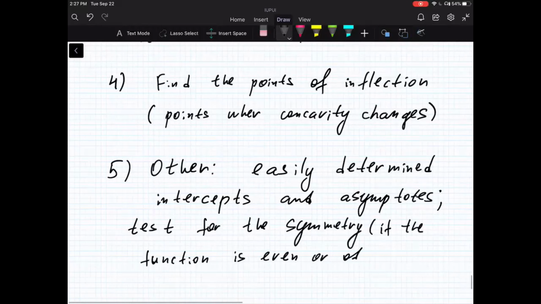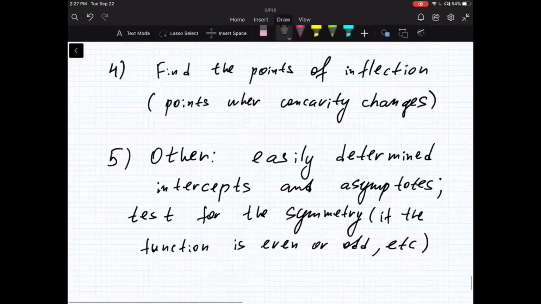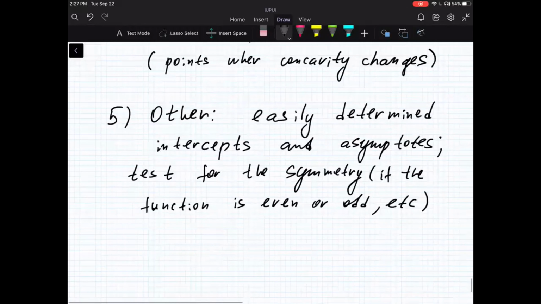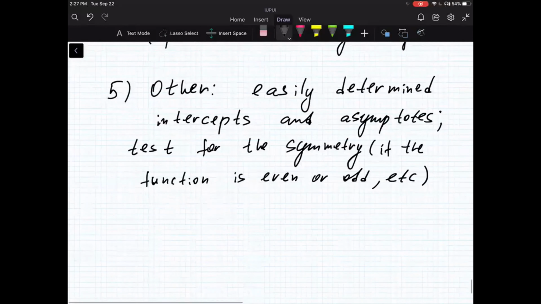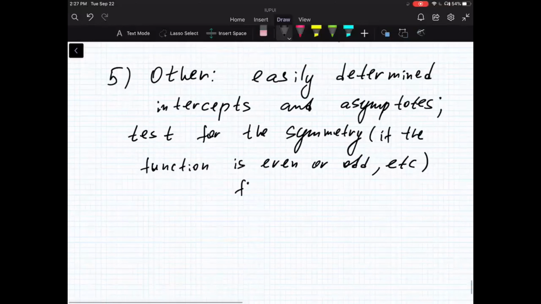Or sometimes you can say something more. Sometimes there is symmetry with respect to a region and stuff like that. But first, the most important is if the function is even or odd. So even means that f of minus x is equal to f of x, and odd means that f of minus x is equal to minus f of x.